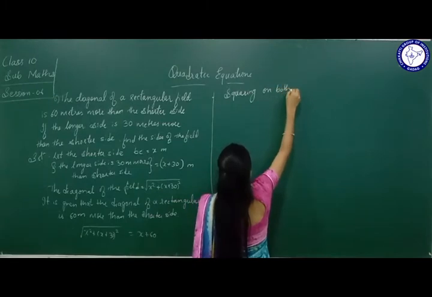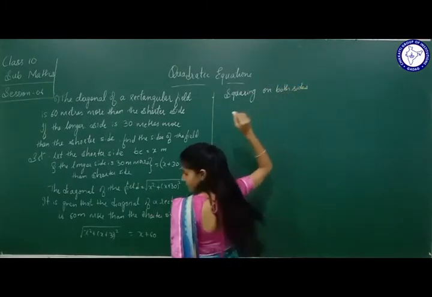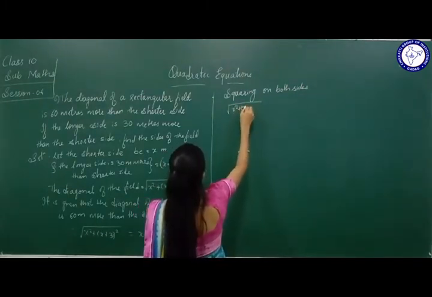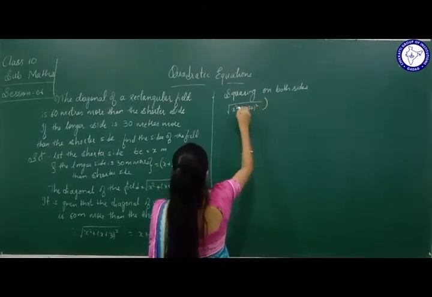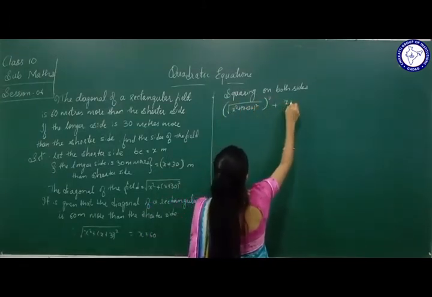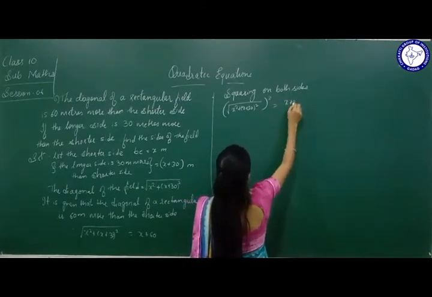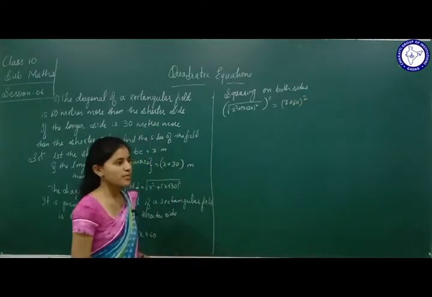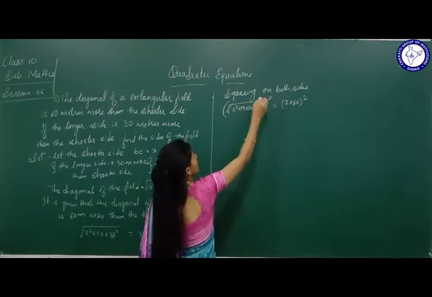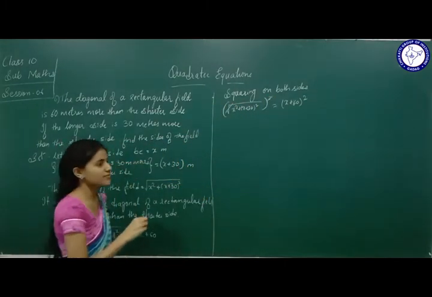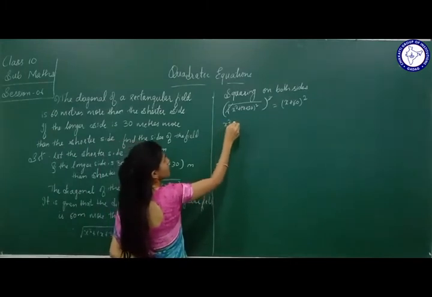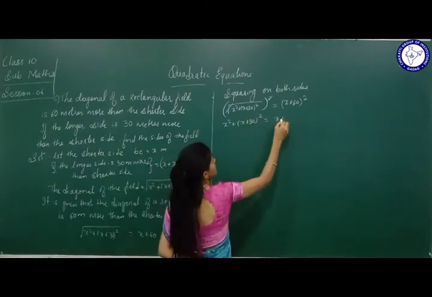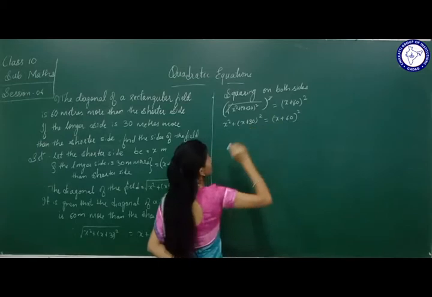On squaring, we get the square root of x square plus x plus 30 whole square, its whole square, equal to x plus 60 whole square. Now the square and root are going to cancel. Then I am left with x square plus x plus 30 whole square equals x plus 60 whole square.